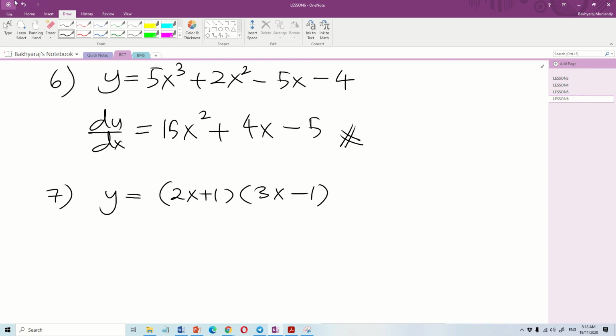Just expand it and come up with the solution. Because we haven't discussed any other rules, just expand, get the expansion, and then try to find the derivative.